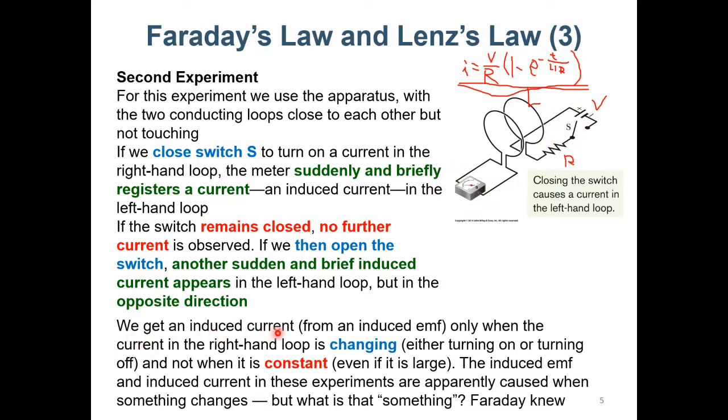We get an induced current only when the current in the right-hand loop is changing, either turning on or off, and not when it is constant, even if it is large. So it doesn't matter how large it is; it only cares about how much it is changing.